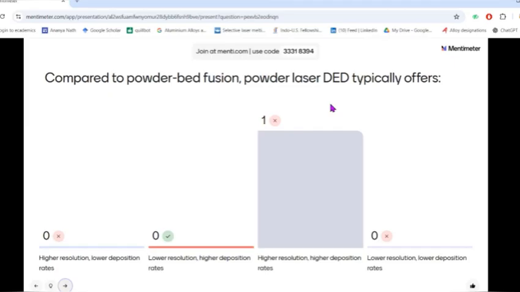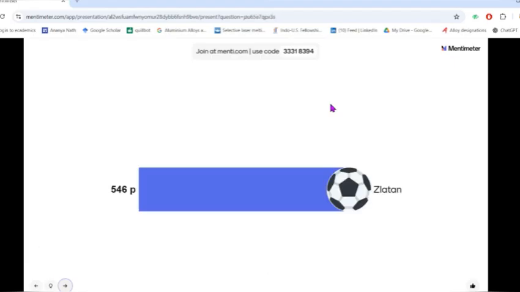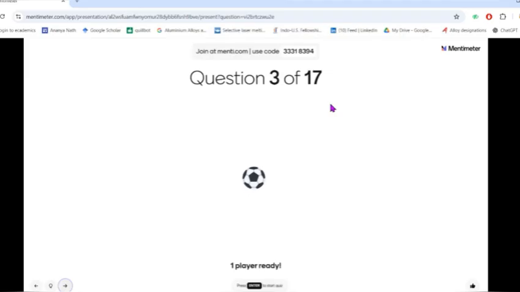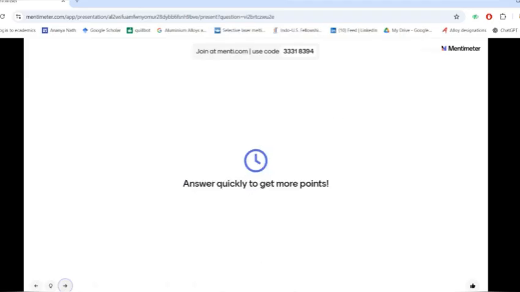So that's why DED is a lower resolution process than powder bed fusion. And also PBF, powder bed fusion, is the highest resolution process in any type of AM. So just remember this point. Okay. Next, we have our third question.